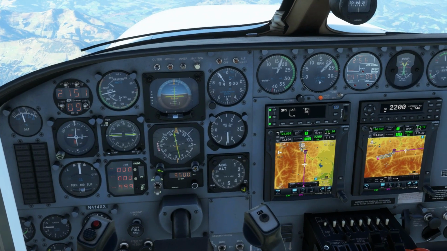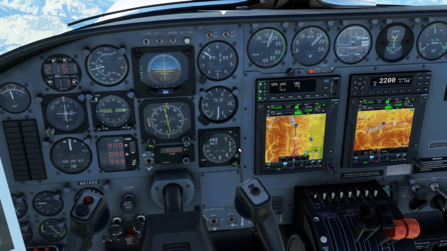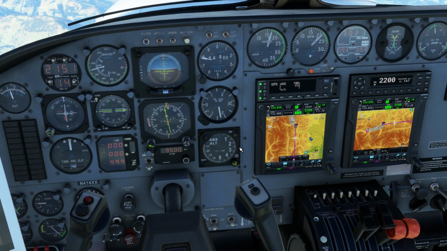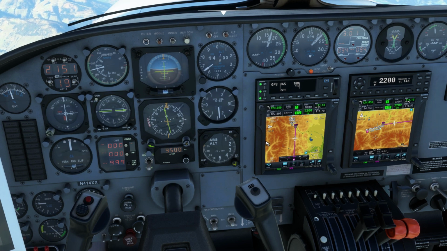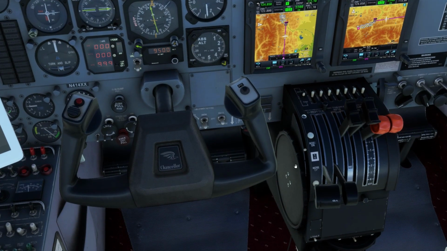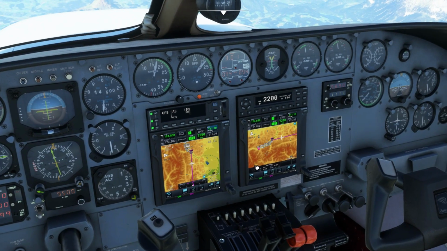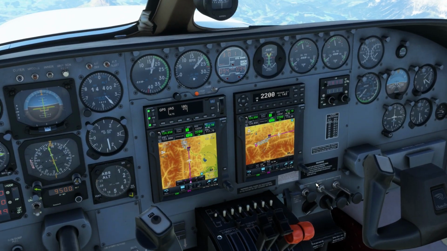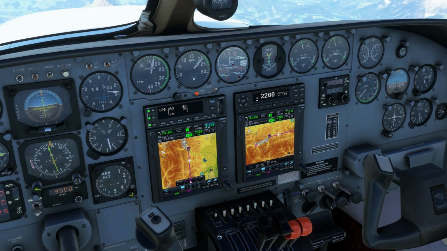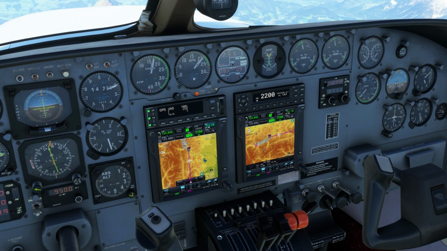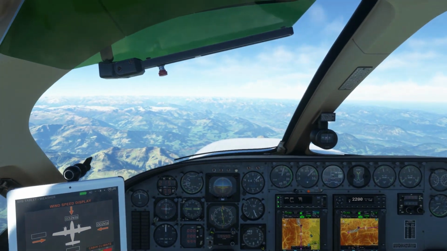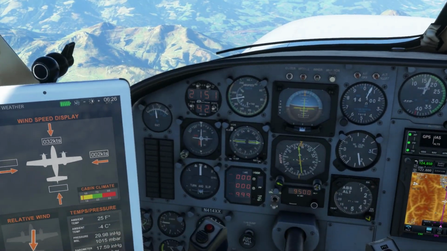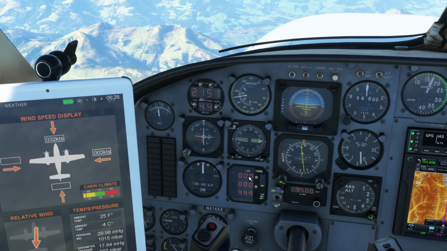And at 10,000 feet, let's not forget to manage the manifold pressure. It will get higher and higher as you descend, so you have to pull back on the throttles. Also, the mixture, just to be safe, go higher so that we don't lose the engines.